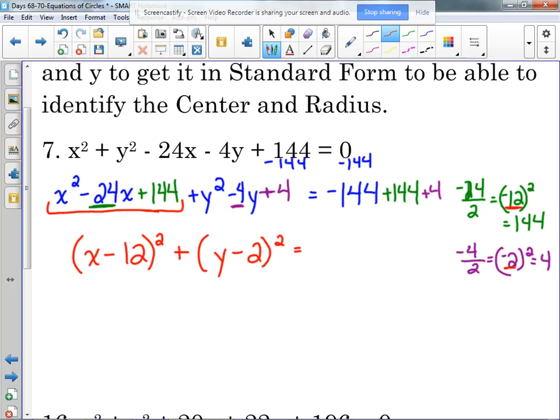Negative 144 plus 144 is 0, plus 4 is 4. So the center of this circle is 12, 2. Our radius is 2. Okay, the equation of our circle is equal to r squared, so the radius is 2. 4 would be the diameter, yes.